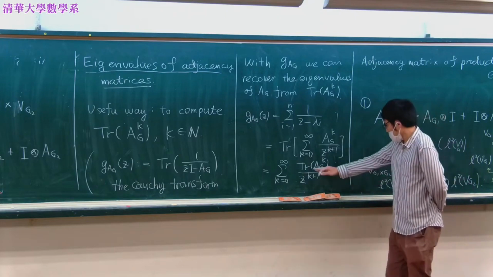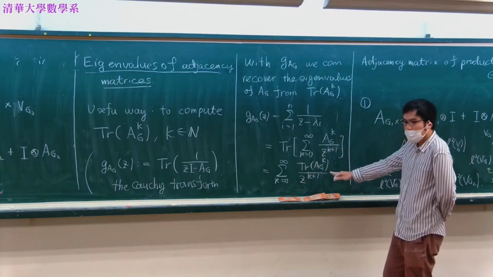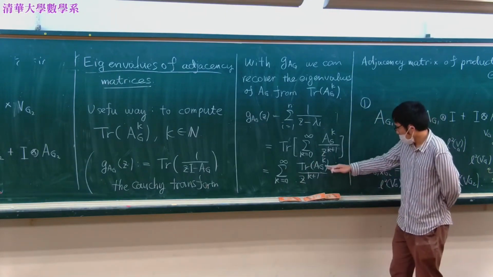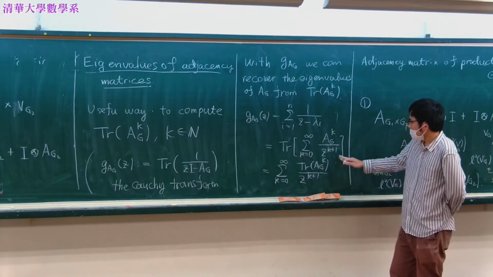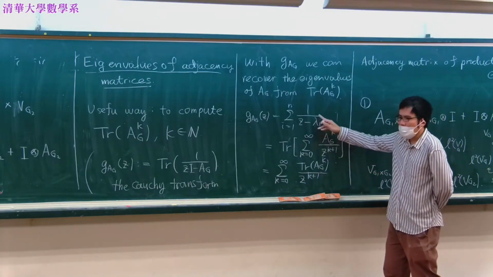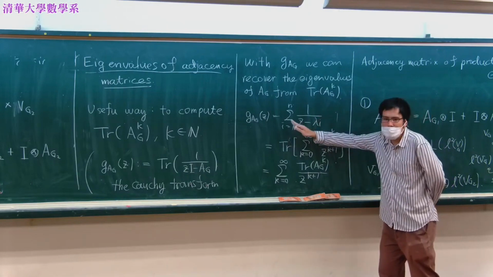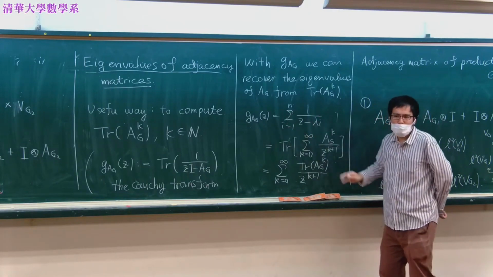So from this formula, if we can somehow compute this trace, then we can detect the eigenvalues as poles of this function.